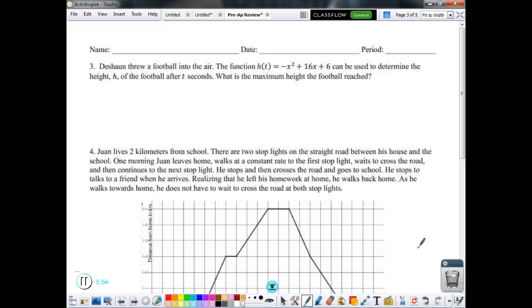How can I figure out what the vertex is from the equation? So this gives me the axis of symmetry, right? The axis of symmetry tells me what the x value is of my vertex, right? In this problem, what does the x value of the vertex tell me?